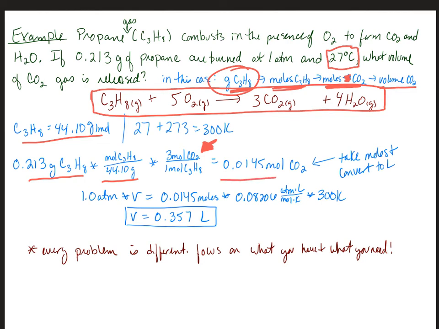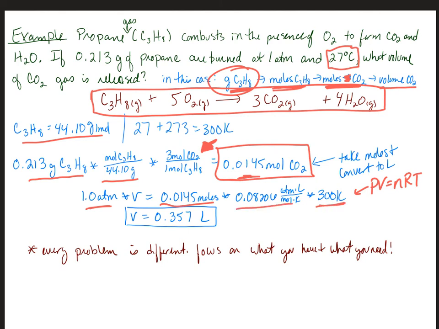So we have this many moles of CO2. Now we take that value along with what we're given in the problem and simply find how many liters we have. So we've got 1 atm. This, by the way, is just PV equals nRT, our ideal gas law. So we find that we have 1 atm. This is how many moles we just figured out from this calculation above. Our gas constant's still there.